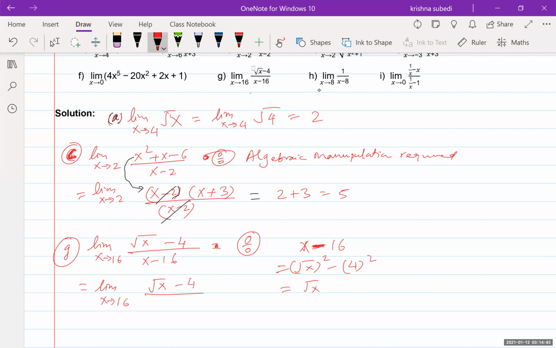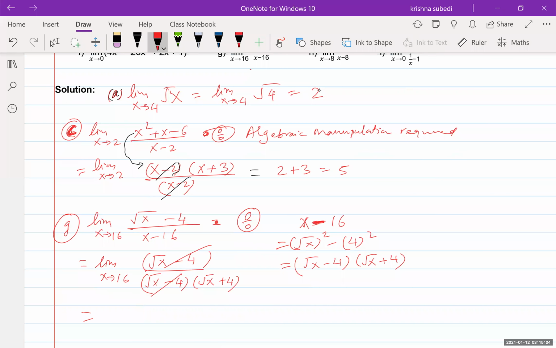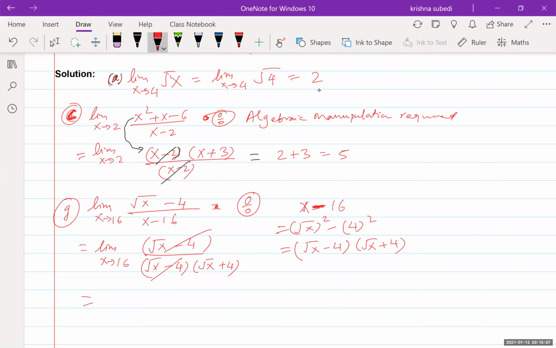So it means you can write square root x minus 4 times square root x plus 4, because this is the a squared minus b squared formula, so a minus b times a plus b. And this cancels out. Now plug in the value. If you get a meaningful number, you're done. Otherwise, you have to do some algebra again. So the good news is 1 on the top, and you have square root of 16 plus 4, which gives me 1 over 8 as your answer.